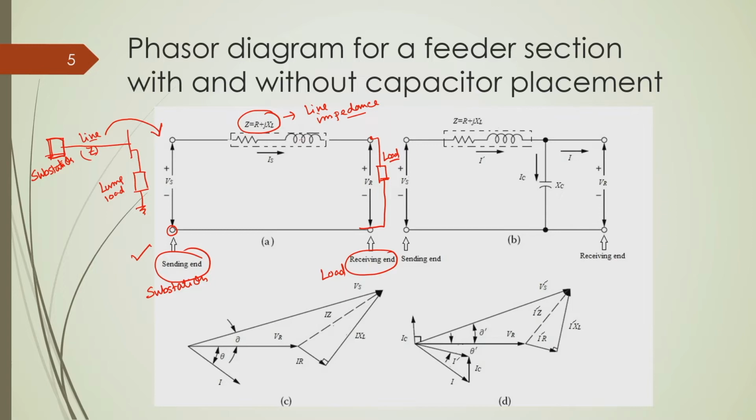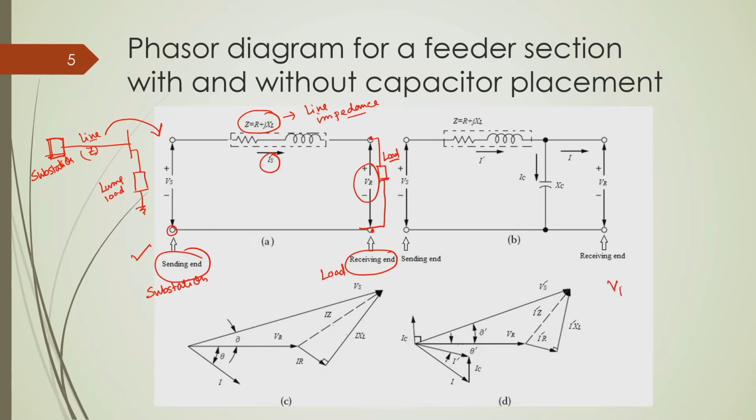And we assume that this load is drawing a current I s from the substation, and at the load end the voltage across this load is V r.